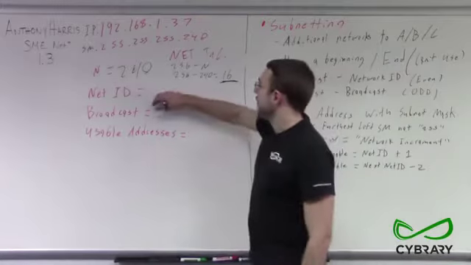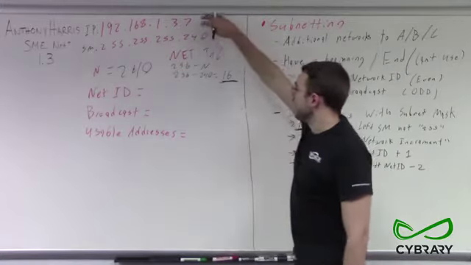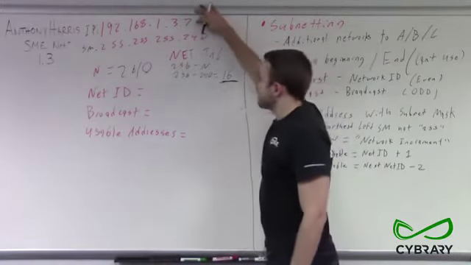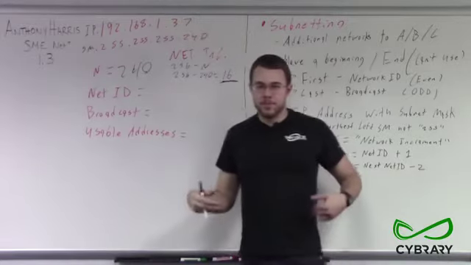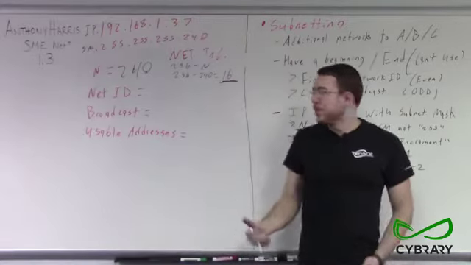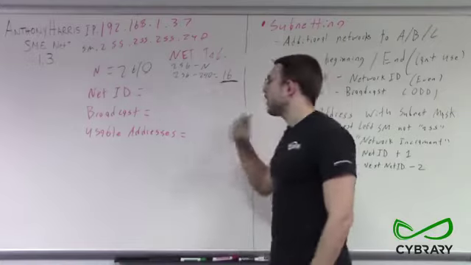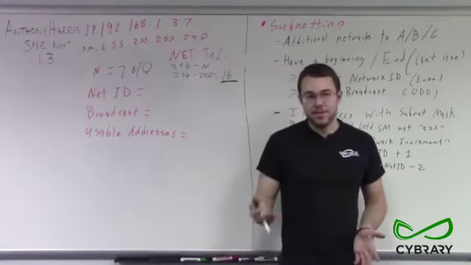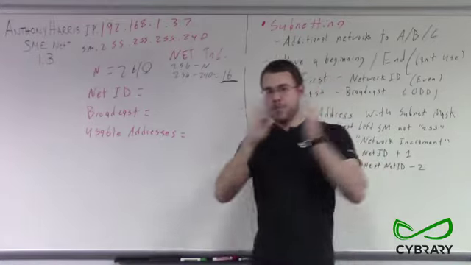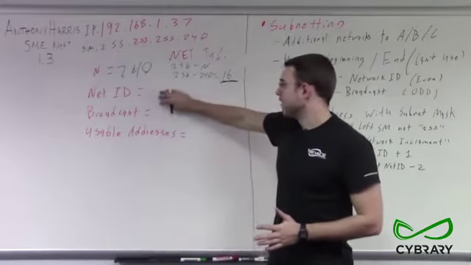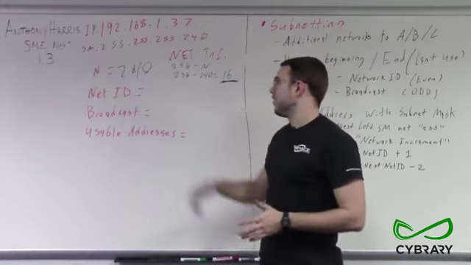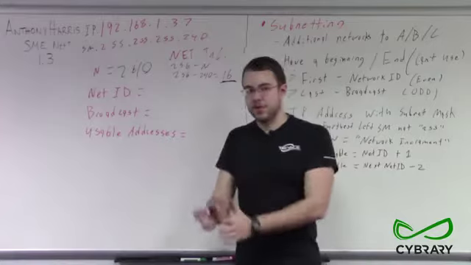So now how do we find the network ID of this IP address? This IP address is in a subnet. So how do we find out which one? Well, we go up and we increment by 16s. So our first network is going to be 16, then 32.